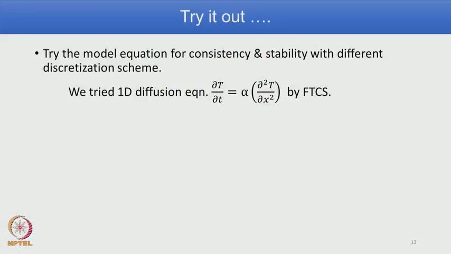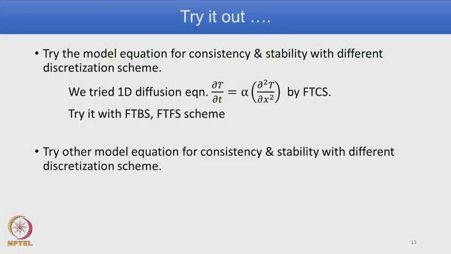You can try forward in time, forward in space, or forward in time, backward in space, and so on. And try other model equations again for consistency and stability with different discretization schemes.